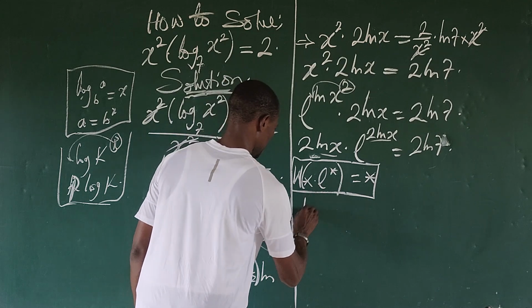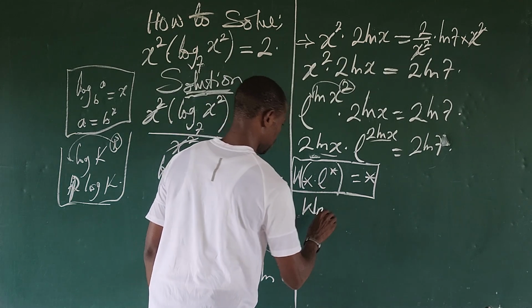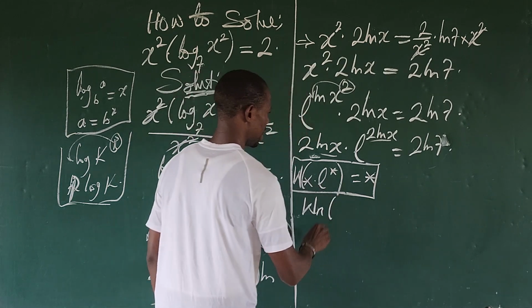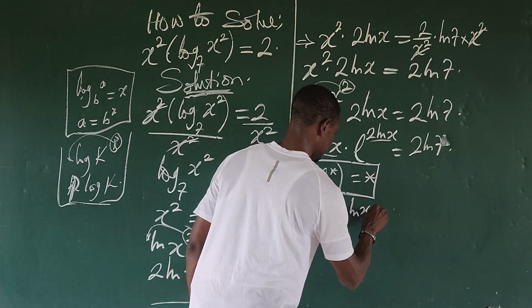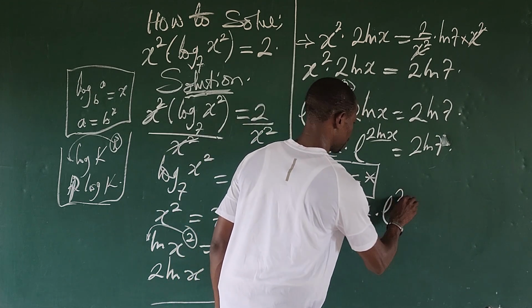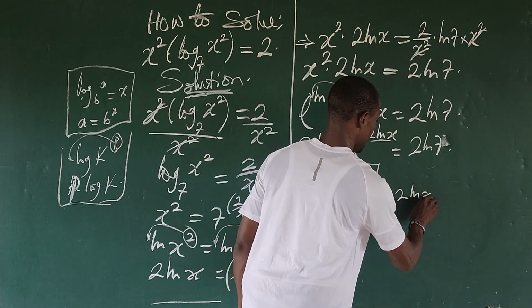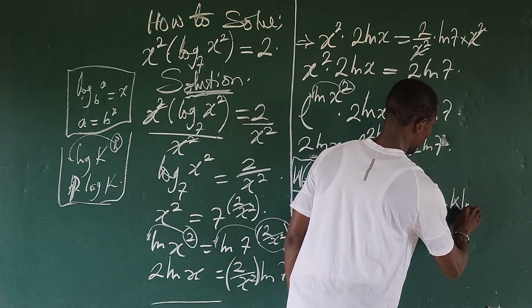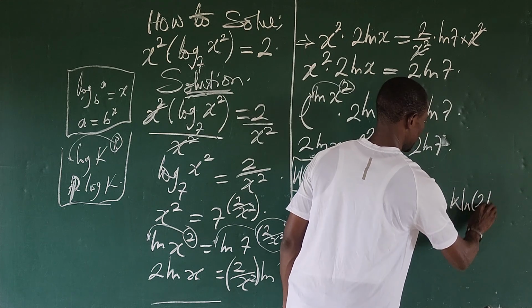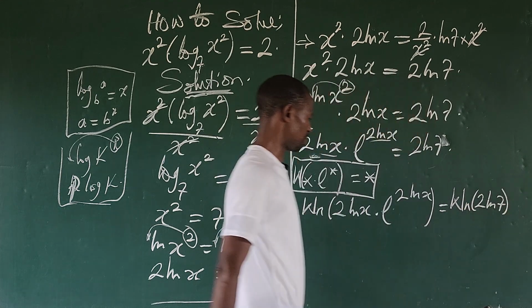We put in W of 2 ln of x times e to the power of 2 ln of x, close bracket, equal to the Lambert W function of 2 ln of 7, close bracket.